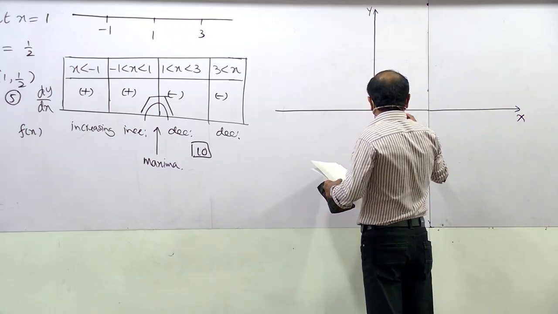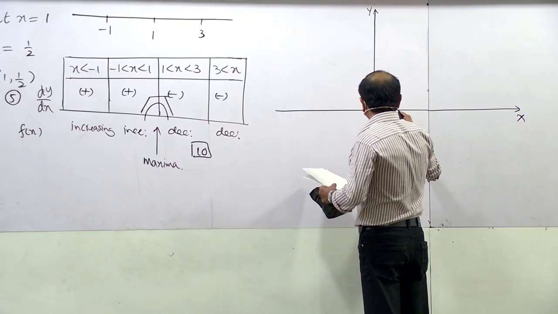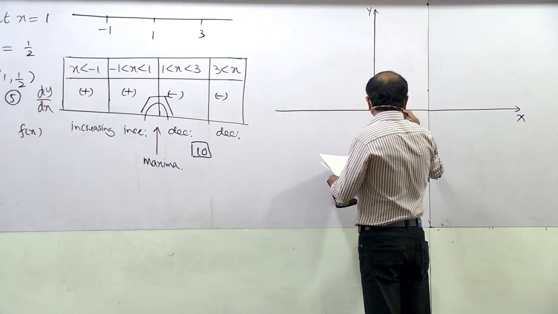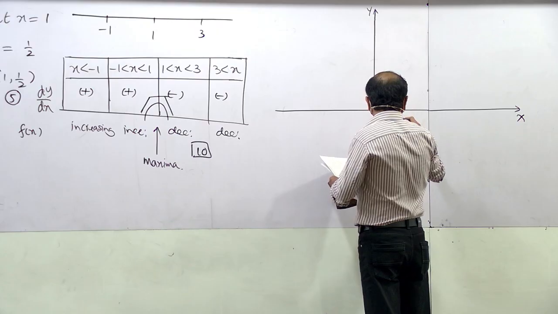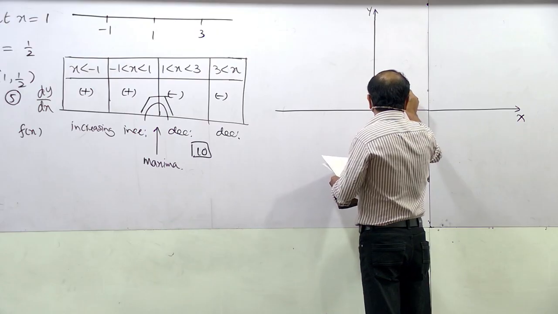Right. At x equals 1, y is half. Y is half here.